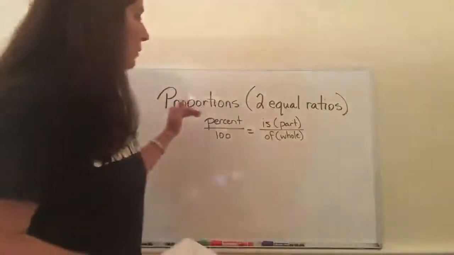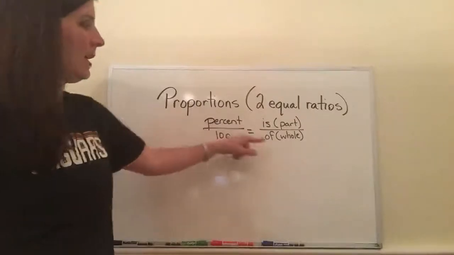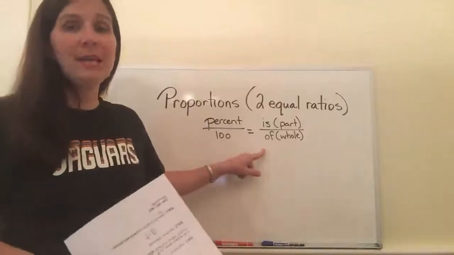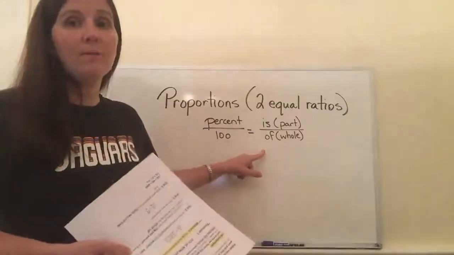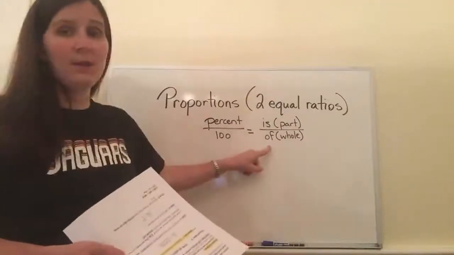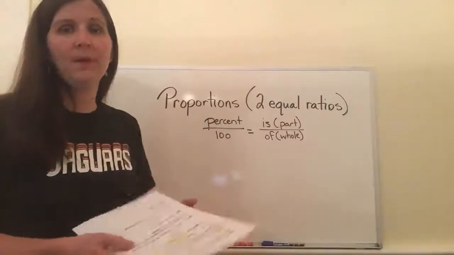So last week, when we look at this percentage, we were given the percent and then we were given the of. Like if we had 15% of 30, you would do the 15 here and the 30 there, cross multiply, solve for your variable.